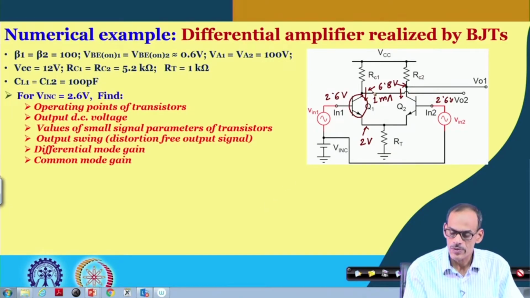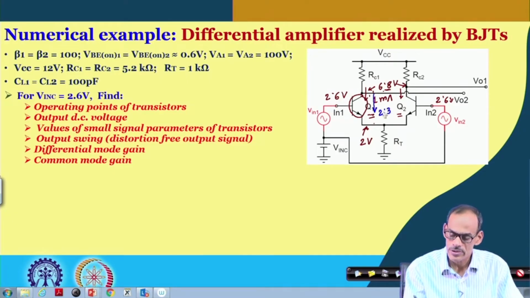In fact, you can calculate the VCE and ensure that Q1 and Q2 are both in the active region of operation. In fact, we do have sufficient headroom. So, in case VCE(sat) is 0.3 volt, this voltage can come down as low as 2.3.